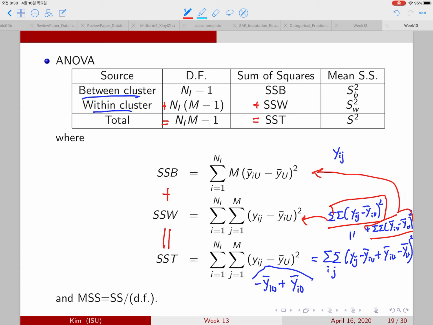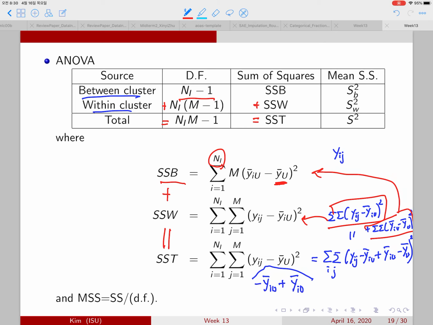So degree of freedom means how many terms there are, and then you subtract the constraints. So here in SSB you have N terms, but because you have a subtraction here, you subtract 1. So you have N minus 1.